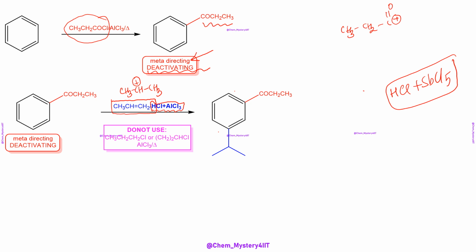It is now behaving as a very strong acid, and that acid is giving a very high concentration of the electrophile, that is the isopropyl carbocation, and now that reaction can give us very good yield, so that we can get isopropyl onto the meta position as per the directive influence of the propionyl group present on the benzene.